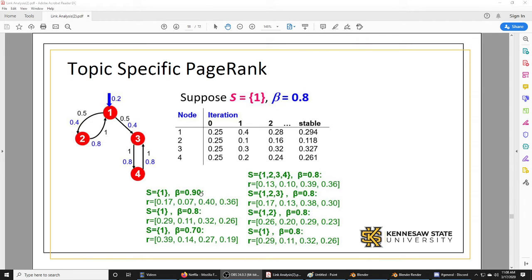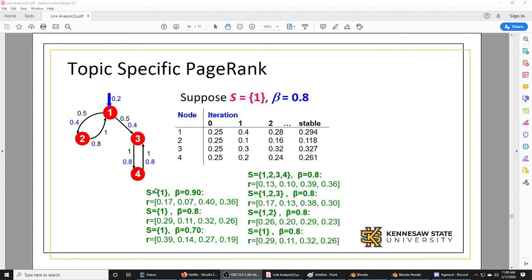So as we change our beta, the higher the beta is, the less the random teleport is. So higher betas means that we're going to have a smaller rank value for the topic specific page. It's still going to be relatively high, but it's not going to be as high as if we change the random teleport value.